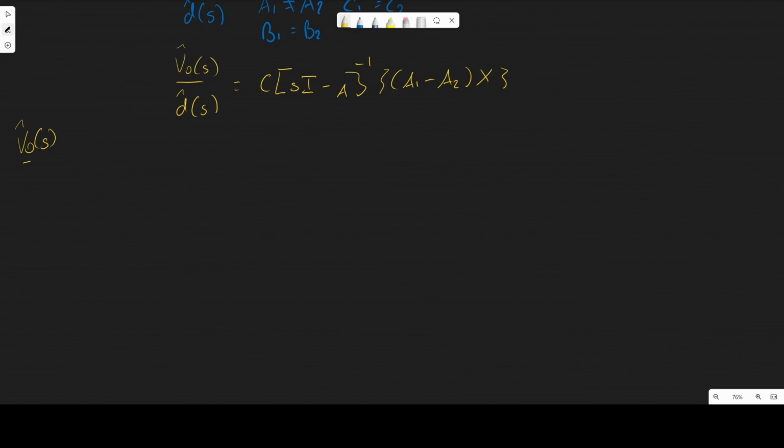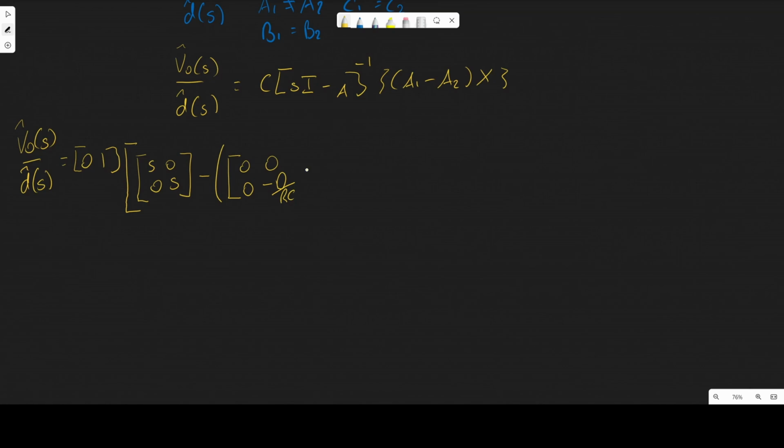We can write V out over the duty cycle is equal to the C matrix, 0 and 1, with s multiplied by the identity matrix, s 0 0 s, minus A, which is equal to A1 multiplied by the duty cycle D over RC, plus A2 multiplied by 1 minus the duty cycle, so that's 1 minus D over L, 1 minus D over C, and minus 1 minus D over RC.